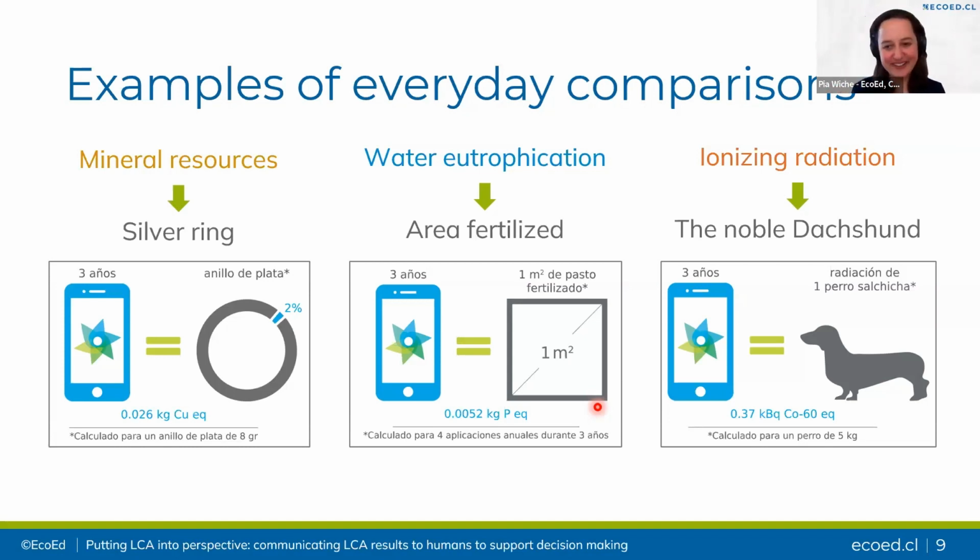You design for the general audience, and most people will have a good relationship with one of these little dogs, and will be able to have one of these without the dog wanting to eat you immediately. So we chose the Dachshund, and that's how this little fella came into our regular repertoire of elements that we use to communicate LCA results.